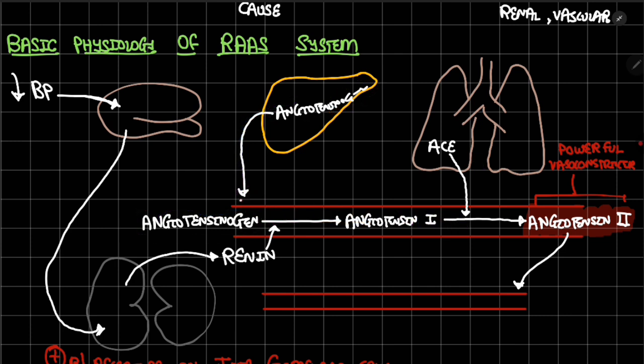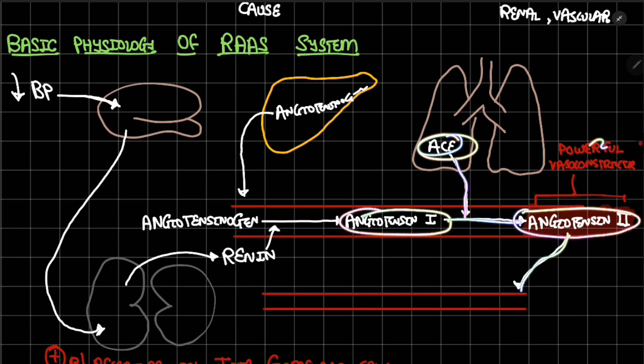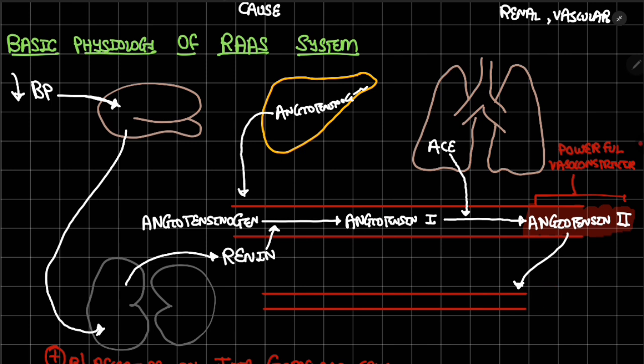Via the blood vessel it goes to the lungs, where from the lung parenchyma we have the ACE enzyme. This ACE enzyme will convert angiotensin 1 to angiotensin 2, and as we know, angiotensin 2 is a powerful vasoconstrictor. It will constrict the blood vessel, and due to constriction the BP will increase. This is the basic RAS system that we should know.